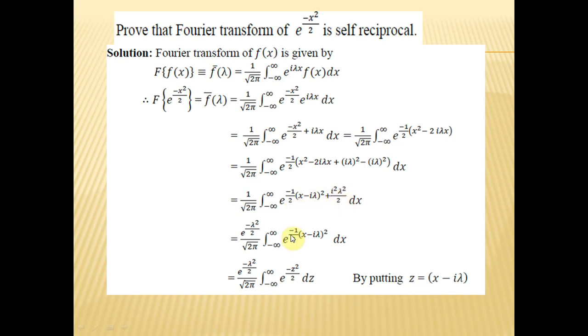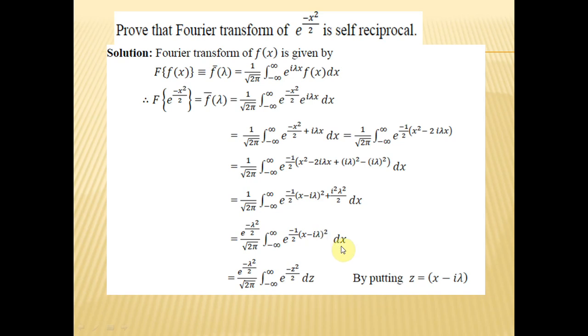So this is e raised to minus 1 by 2 into x minus i lambda the whole square, and this i square is actually minus 1. This minus into this minus can be taken here. It is e raised to minus lambda square by 2 integral e raised to minus 1 by 2 x minus i lambda the whole square.